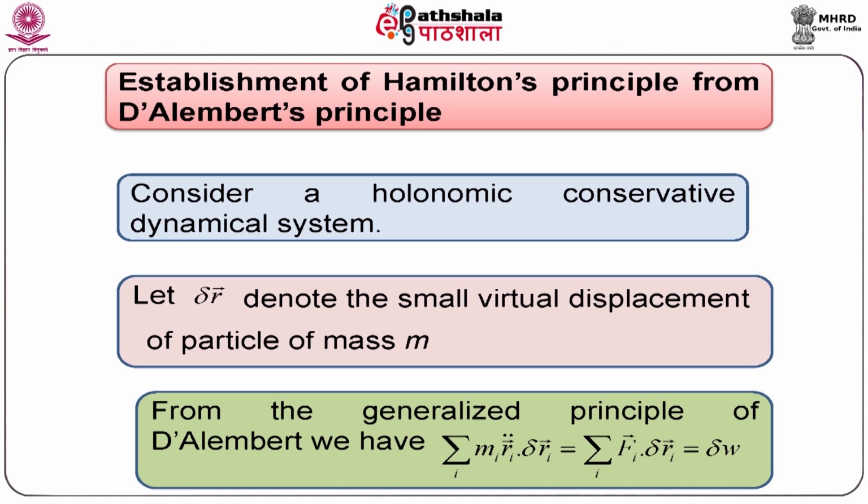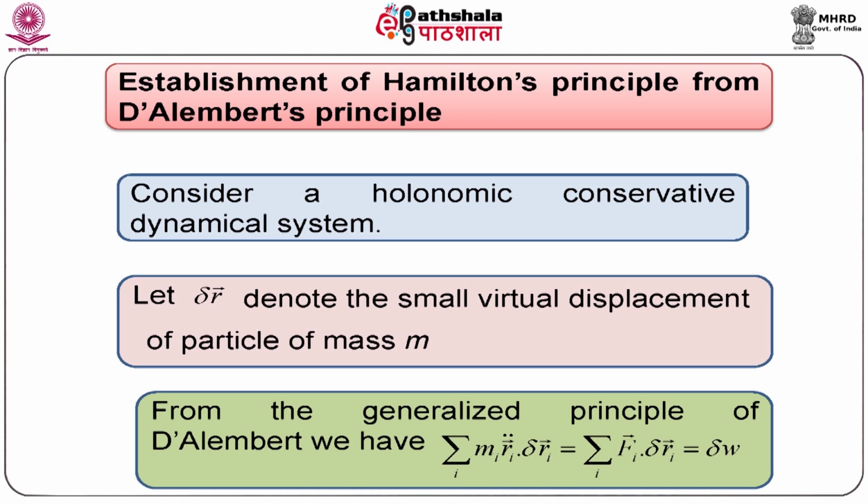Let delta r vector denote the small virtual displacement of a typical particle having mass m of the system, whose position vector is r vector at any instant t.